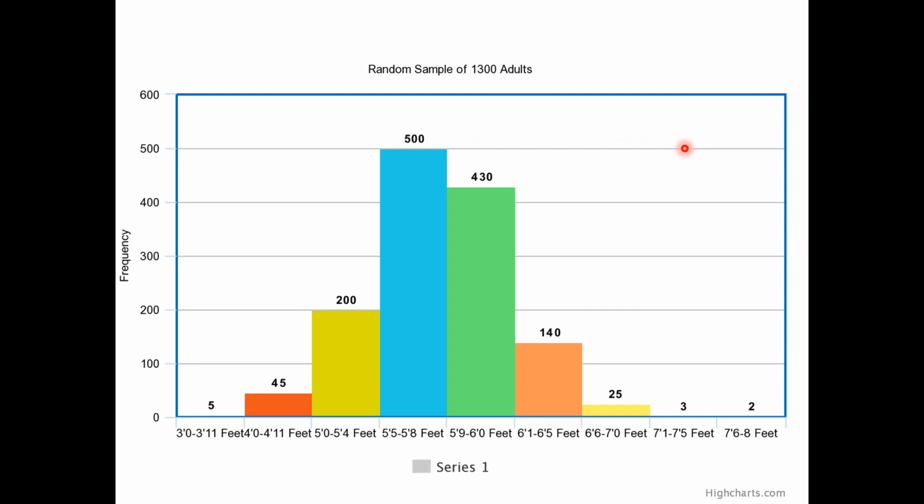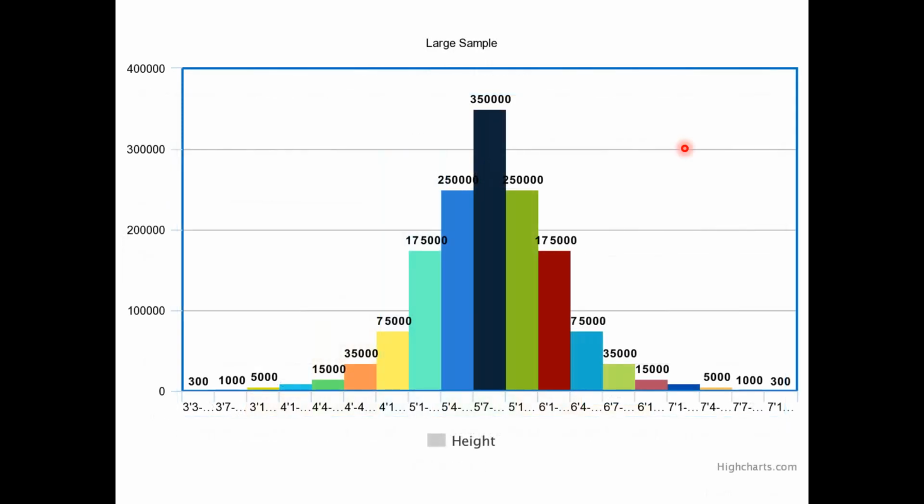So if you go to the next slide, you can see if we collect an even larger sample. Now in this case, a large sample is of the country's population, and we have sampled around 15 lakh individuals, and we have plotted their height. So this looks like a very beautifully, evenly balanced histogram.